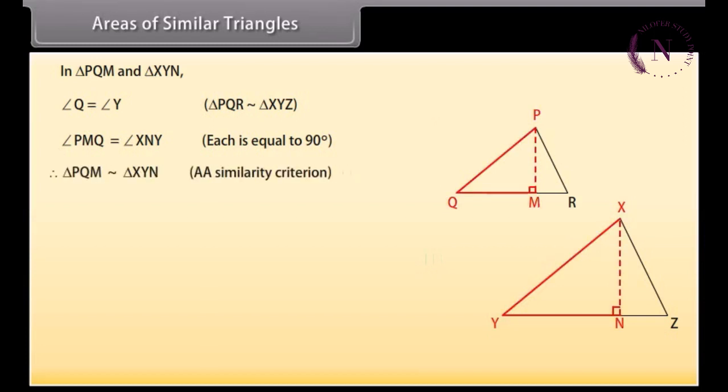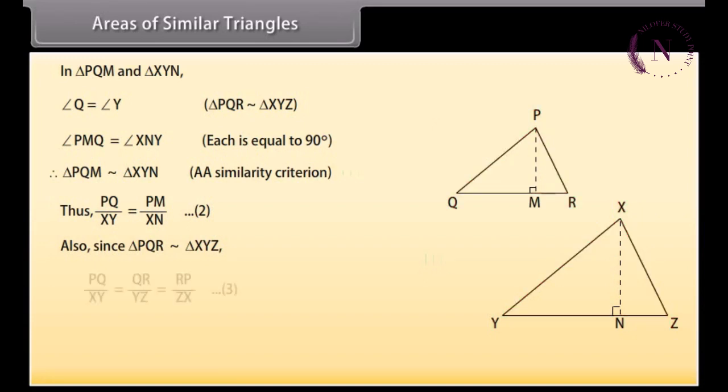Therefore, triangle PQM is similar to triangle XYN by AA similarity criterion. Thus, PQ upon XY equals PM upon XN. Mark it as 2. Also, since triangle PQR is similar to triangle XYZ, PQ upon XY equals QR upon YZ, which is equal to RP upon ZX. Mark it as 3.